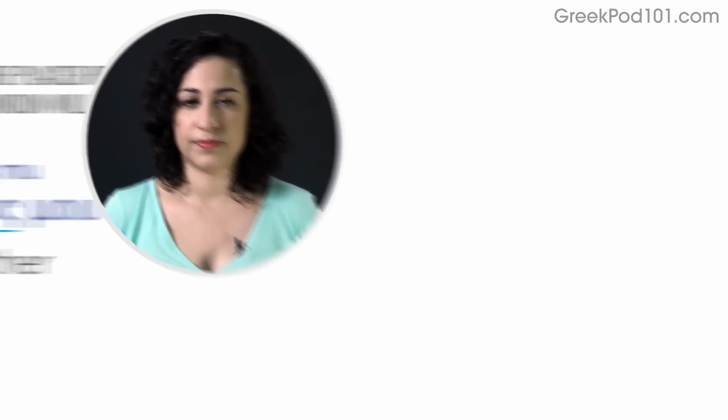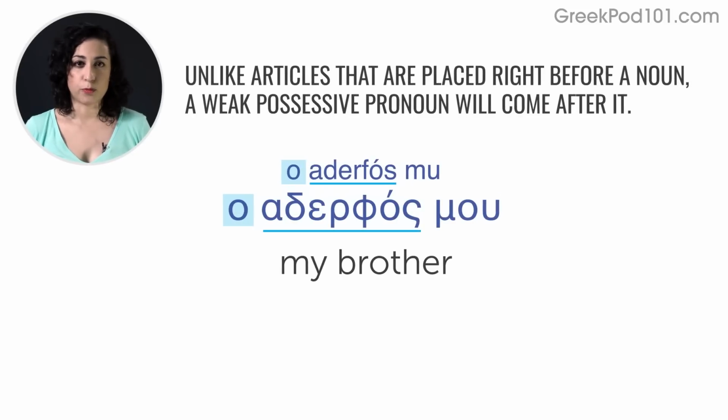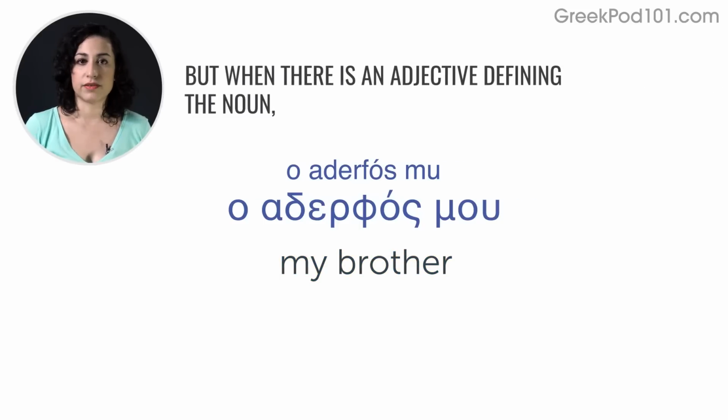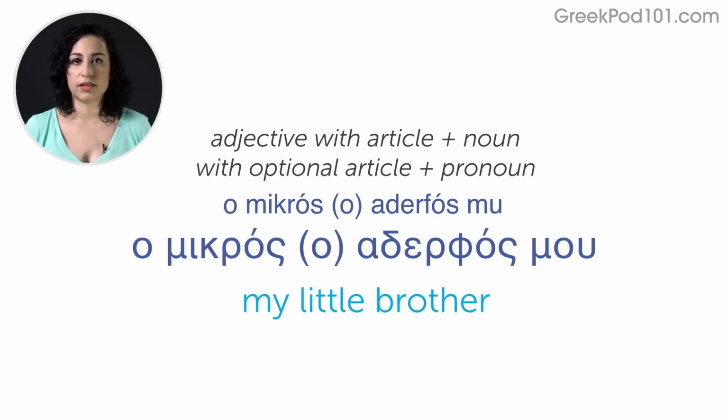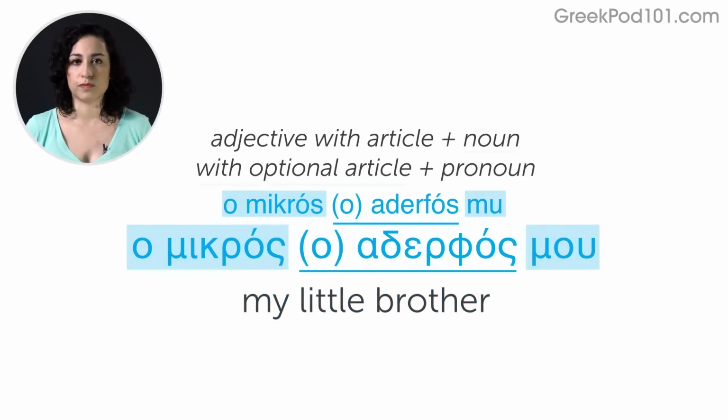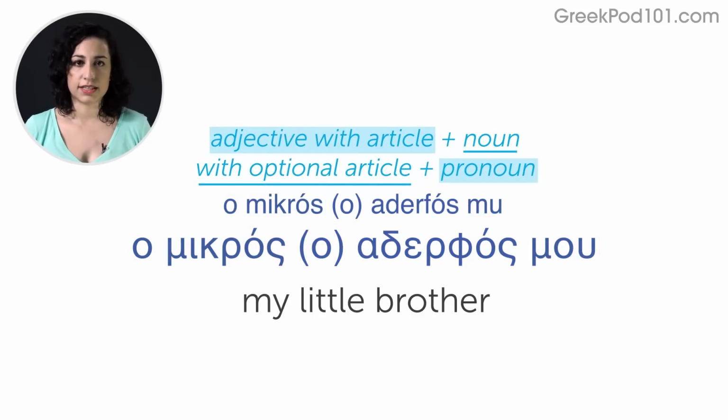First, let's see how to spot a weak possessive pronoun. Unlike articles that are placed right before a noun, a weak possessive pronoun will come after it. For example, ο αδερφός μου, my brother. But when there is an adjective defining the noun, there can be 3 options. Let's examine the example, my little brother. In Greek, we may have ο μικρός ο αδερφός μου, adjective with article plus noun with optional article plus pronoun.